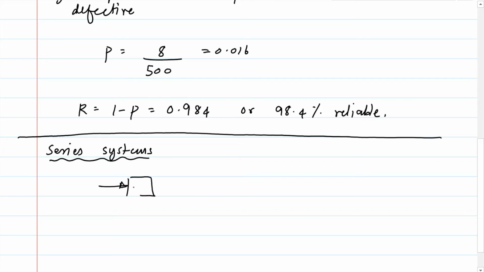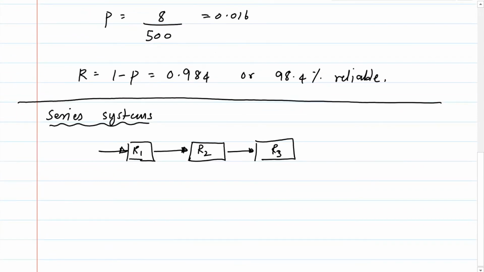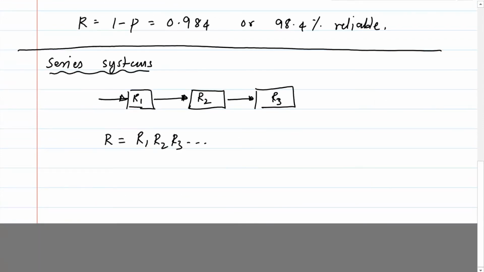If you think of the arrow as the flow of material, it goes from one machine to another machine in a serial fashion. Let's say the reliability of each of those machines is R1, R2, R3. Then it can be shown that the total reliability of the system in series is R1 times R2 times R3, and so on. So the reliability in this case is a product of reliabilities. That's very important.